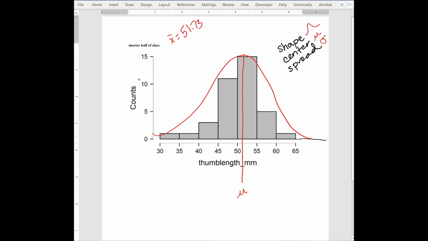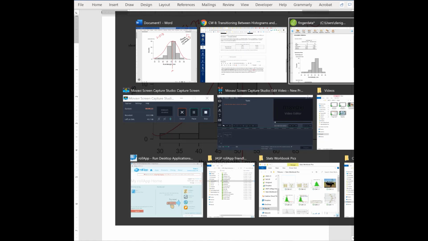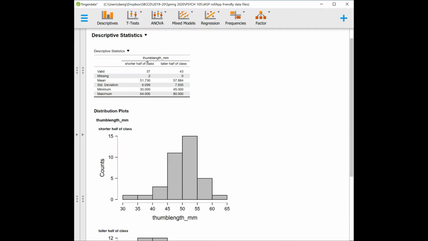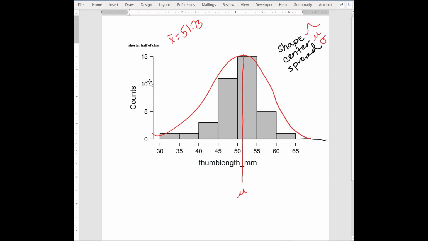As a visual depiction, a way to show that average spread, let me look back at our data. For our shorter half of the class, we're looking at about 6.1, so a little over 6. So if this is around 51, if I want to go a little over 6, I would estimate like 1, 2, 3, 4, 5, 6, maybe somewhere around here would be about 6.